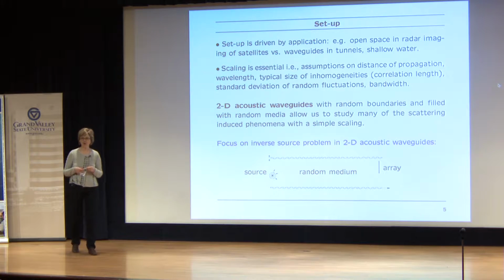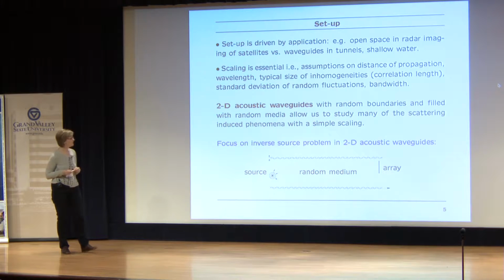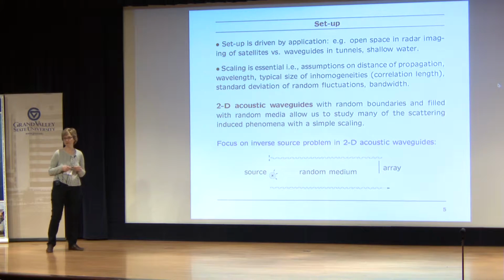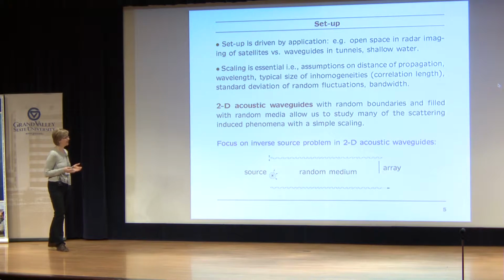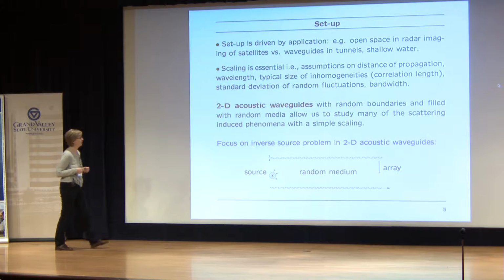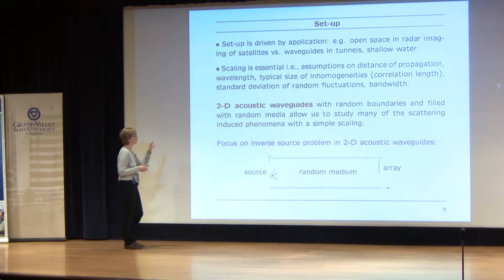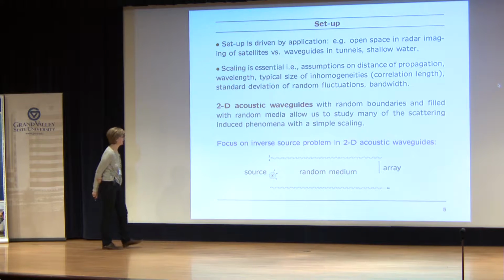So it's important to look at the scaling because in these wave propagation problems in complex media, there is basically not a universal regime where you see things. Depending on the scaling, you are going to see different phenomena. So it's very difficult to make general statements. So you have to look at different problems in a different setting.